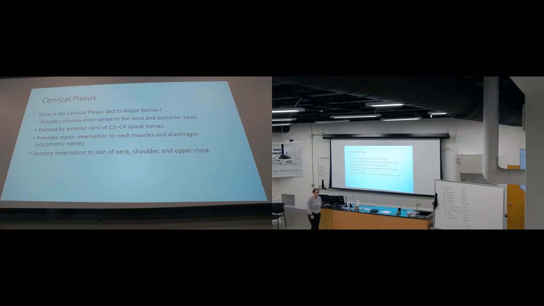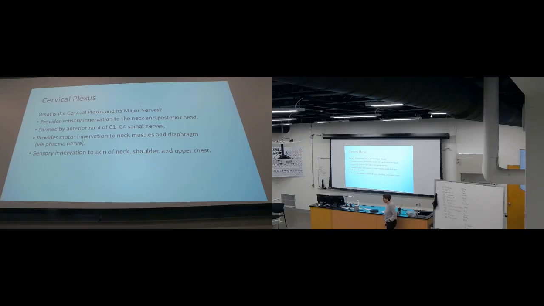So the first plexus that we're going to look at is the cervical plexus. The cervical plexus is formed by the anterior rami of spinal nerves C1 through C4. With this plexus, we provide sensory information to the neck and the posterior head, and motor innervation to the neck muscles and to the diaphragm. The diaphragm is a muscle that separates the thoracic and abdominal cavities, and it helps us to breathe.